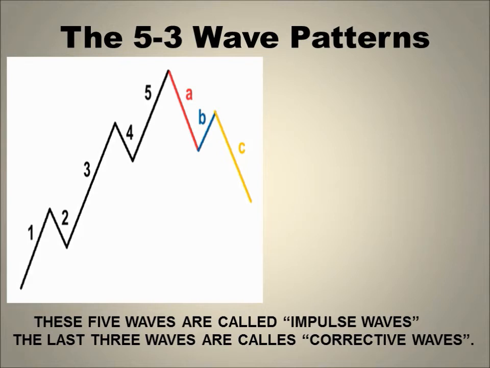Corrective meaning the market should not be as high as it was. The market should be somewhat lower. Now, if we remember the video that I did on moving averages, with the moving average, it tells us where the market should be. Not where the market is right now, but where it should be.